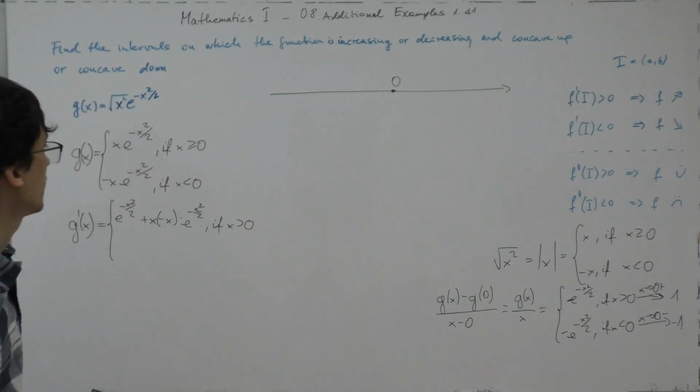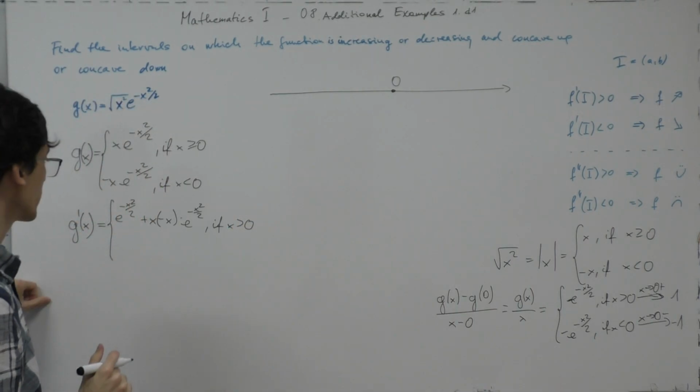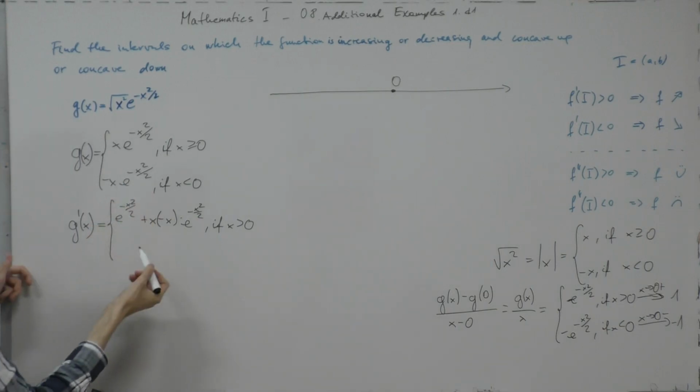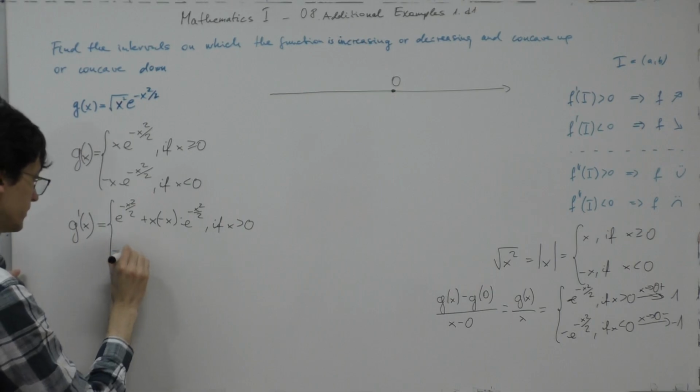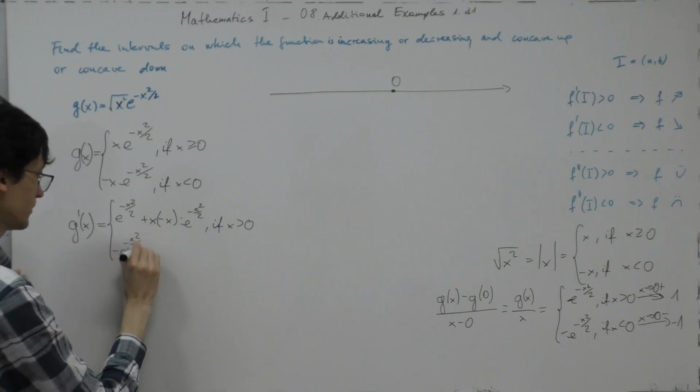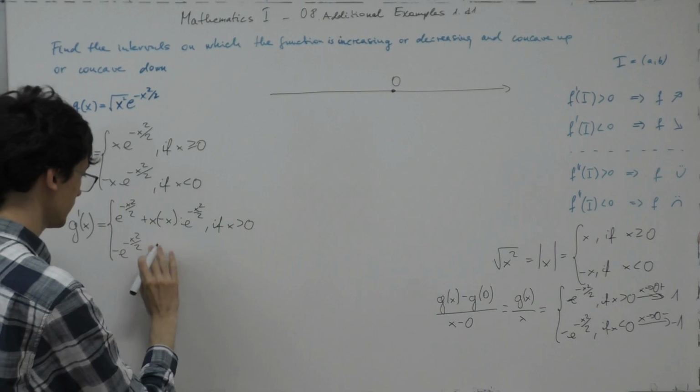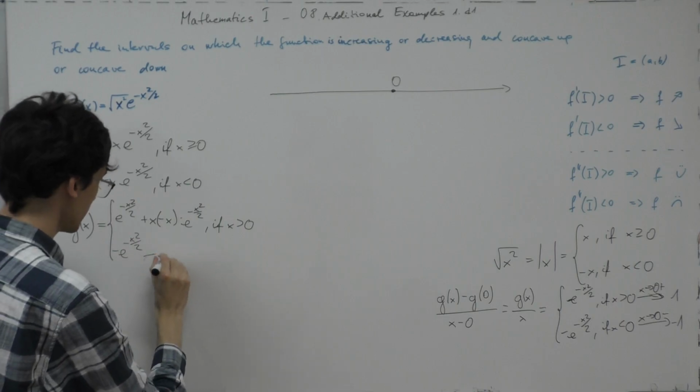Again, we already saw the 0 case, and it will be negative 1 times this if x is less than 0. Minus x.